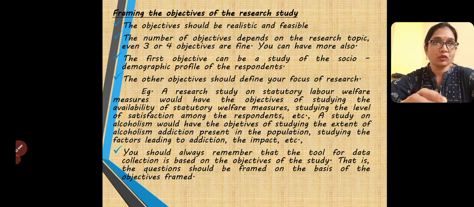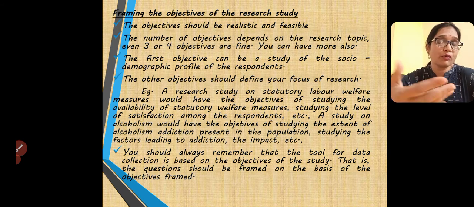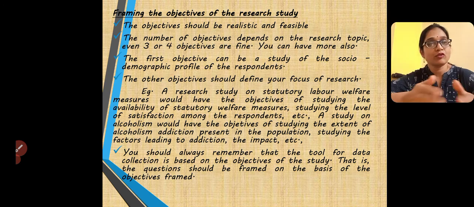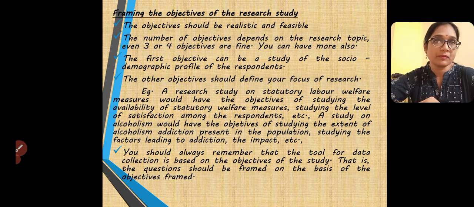It depends on your topic and how deep you want to study that. So don't worry too much about the number. I would suggest that you keep fewer objectives, so that your research is more focused, rather than trying to study too many things in one research project.